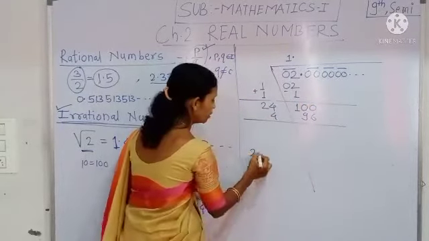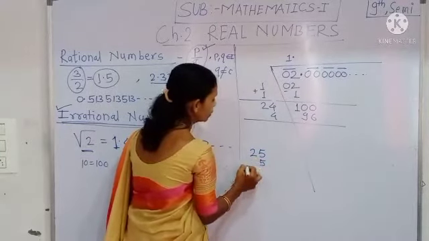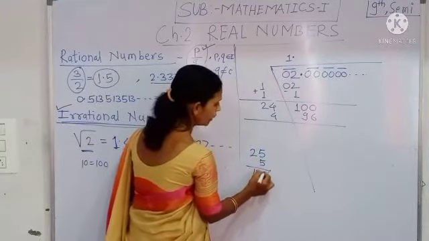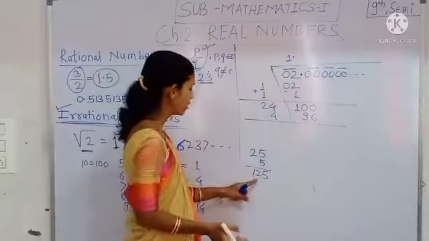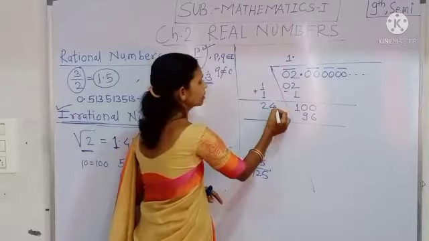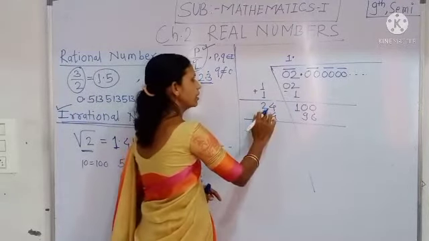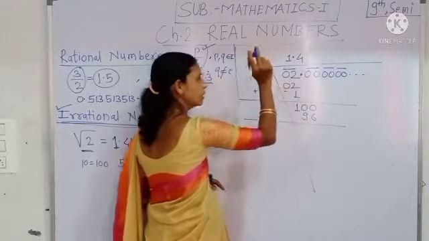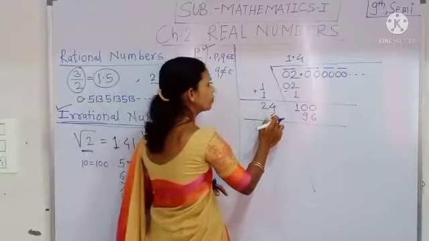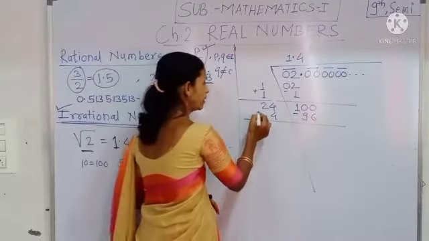If we put the digit 5, then we get 125, which is greater than 100, which exceeds 100, therefore we get the digit 4, and 24 plus 4, and that 4 is also written here, and 24 into 4, that is 96, is subtracted from 100.